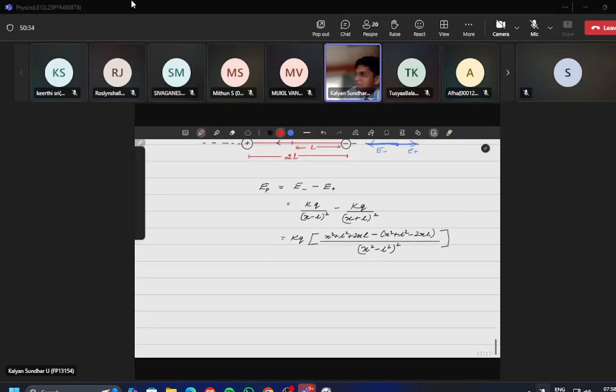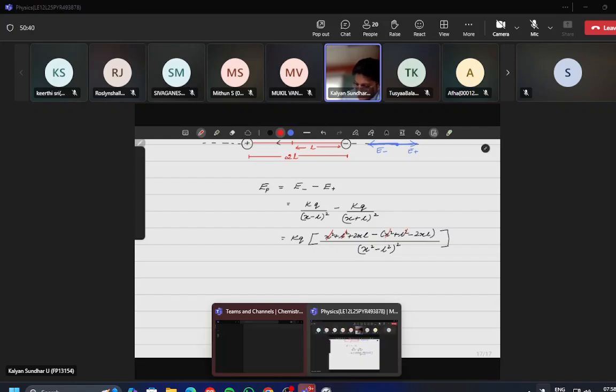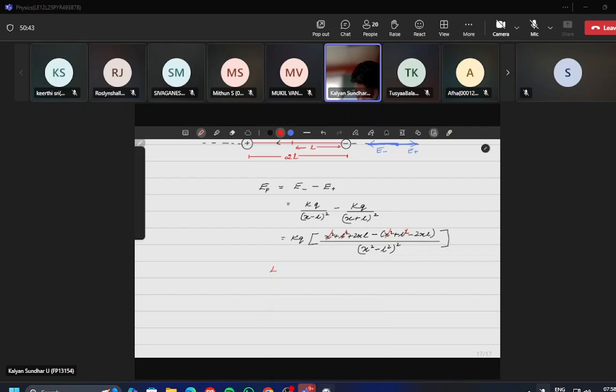Because of the minus sign, the x square L square terms get multiplied by the outside minus. So the electric field at point P will be equal to K times 2xL plus 2xL, which becomes 4xL. So 4KQxL divided by x square minus L square the whole square.